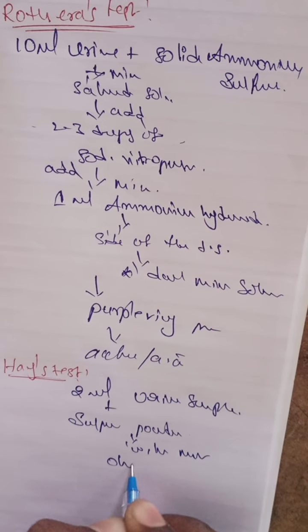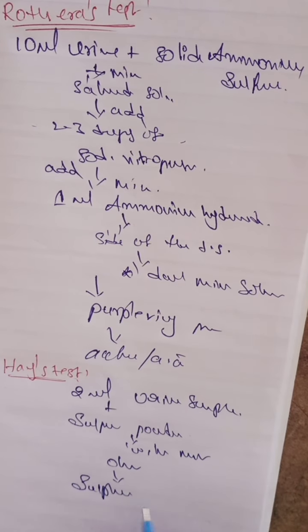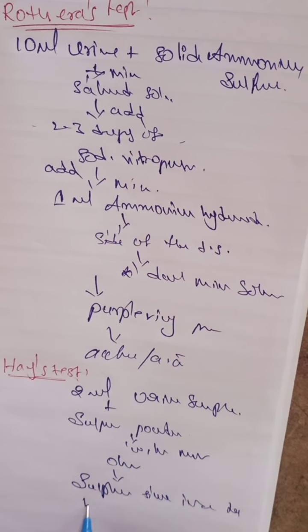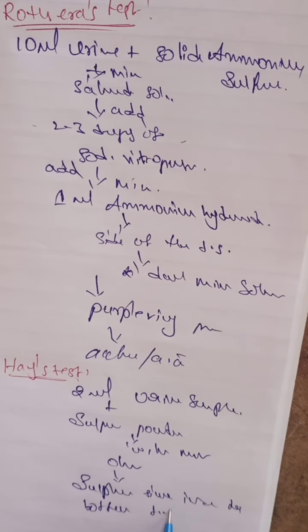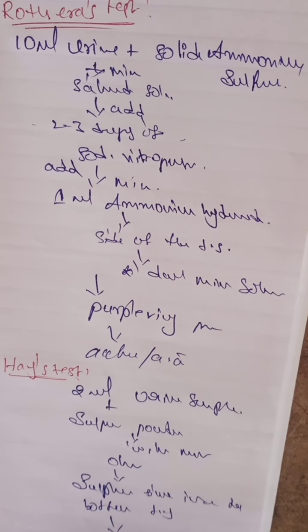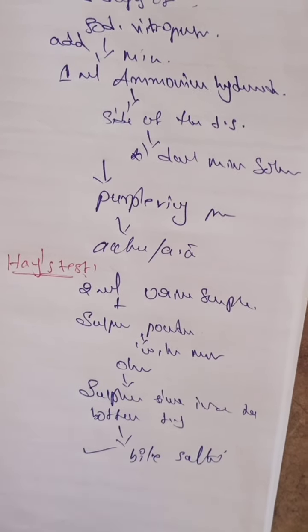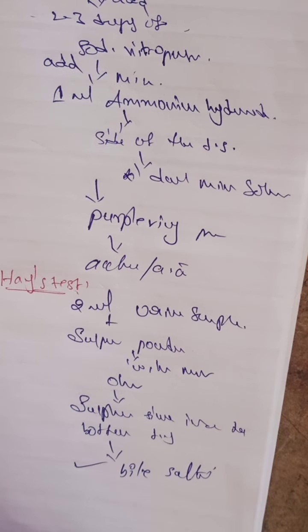The sulfur particles sink to the bottom of the test tube. It indicates the presence of bile salts. So Hay's test is the determination of bile salts in the given urine sample.